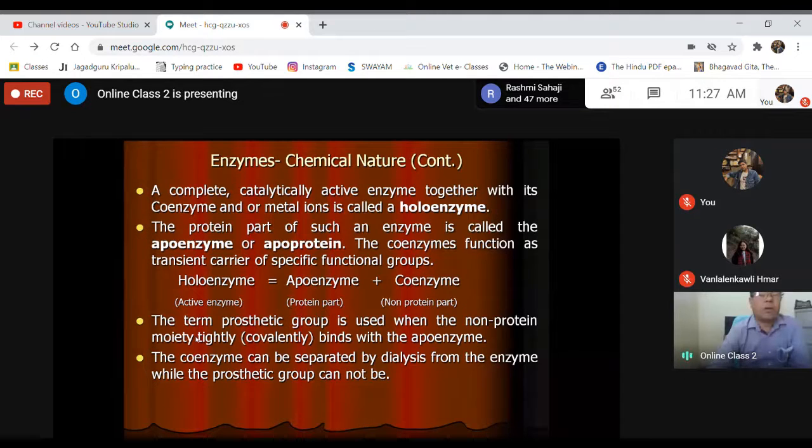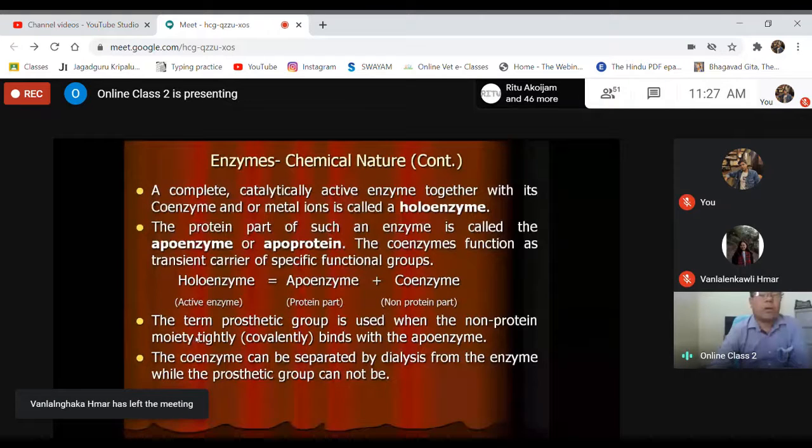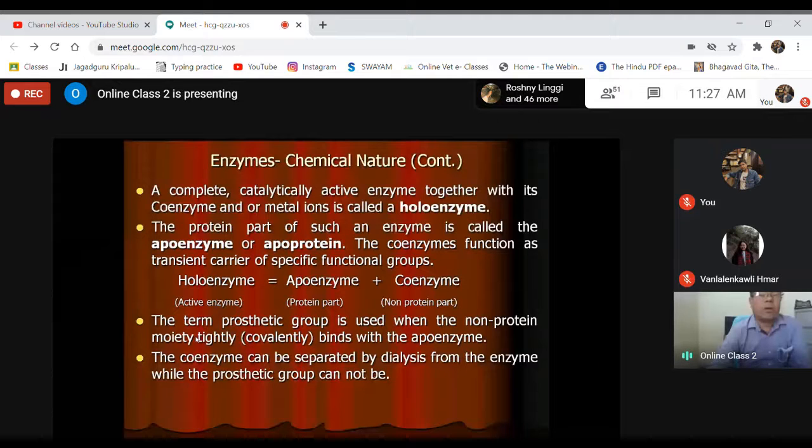One example you'll come across when we discuss the TCA cycle, the tricarboxylic acid cycle. There is one enzyme called succinate dehydrogenase. Now, this succinate dehydrogenase requires flavin adenine dinucleotide, the FAD.